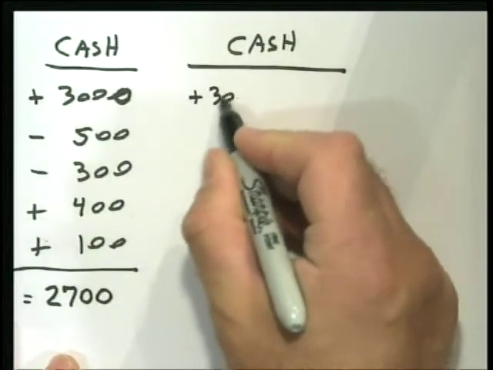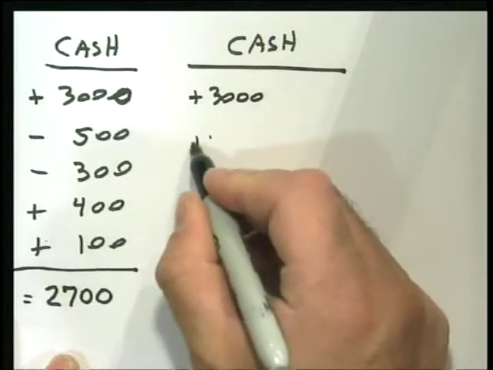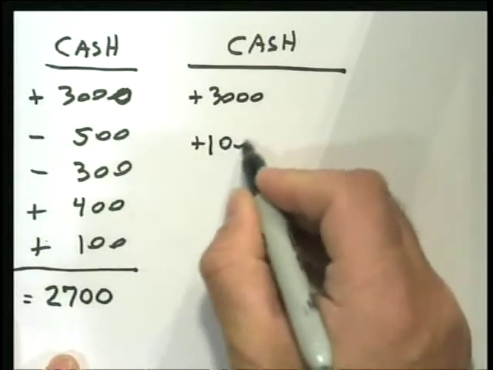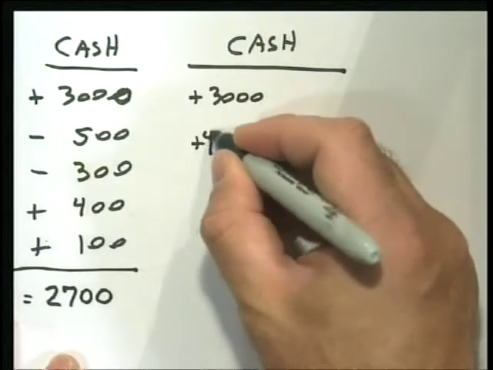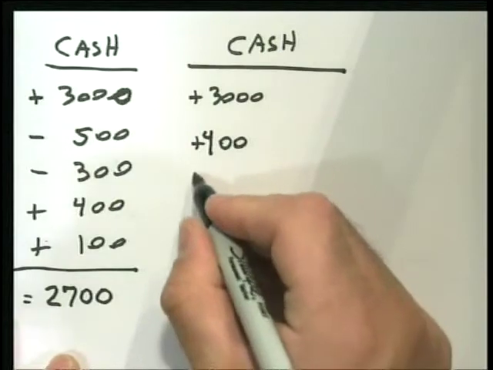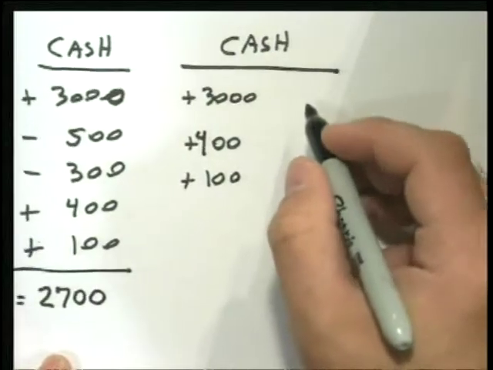And I just decided to put the increases together on the left side. Whoops, we have 400 first, don't we? And the decreases over here.